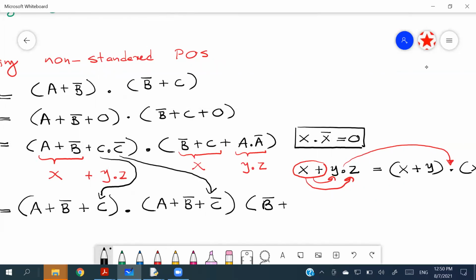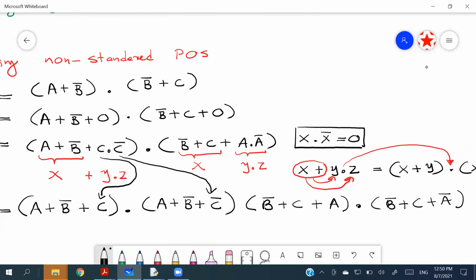B bar plus c plus a, dot, b bar plus c plus a bar. Now if you focus on the final answer, it has four brackets and every bracket contains all the variables in the expression, which are a, b and c.